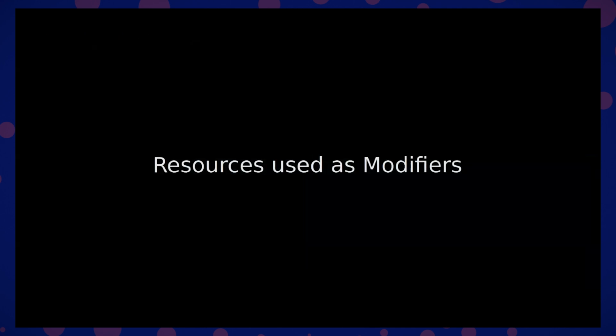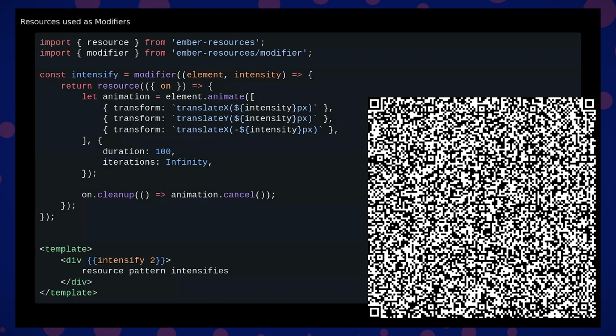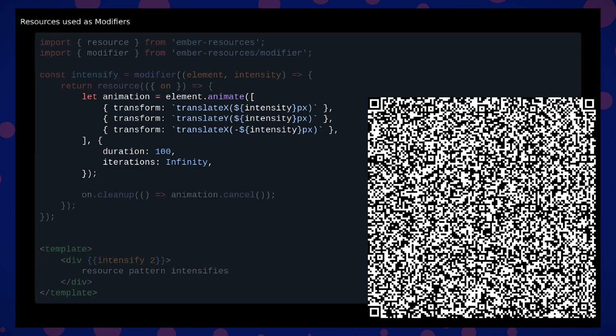So we've seen that resources can be wrapped in functions and reactively handle arguments. We can extend this to modifiers. This is supported in Ember Resources right now, I think since 6.4 or something. Here we set up an animation effect on an element.